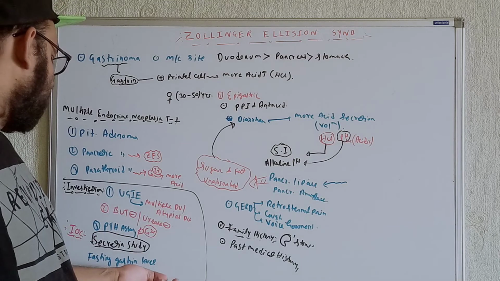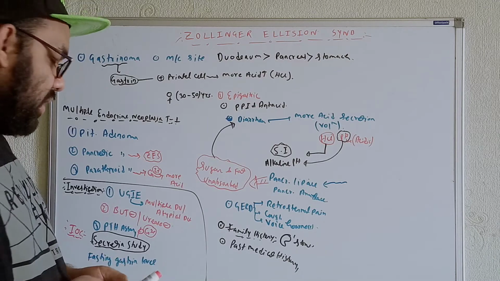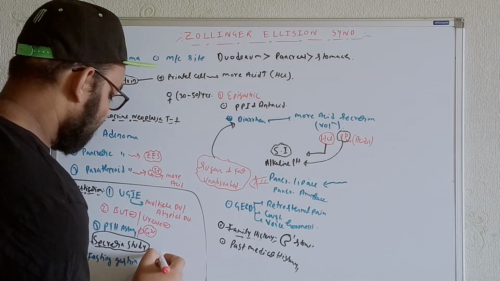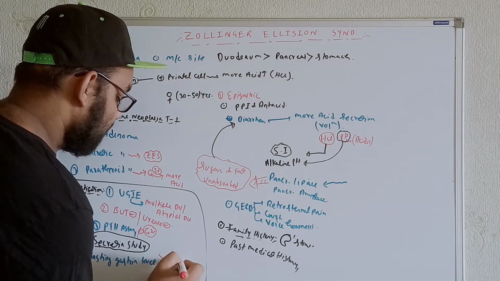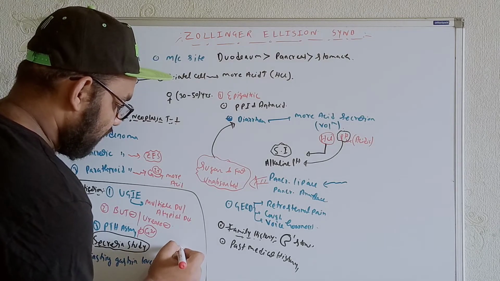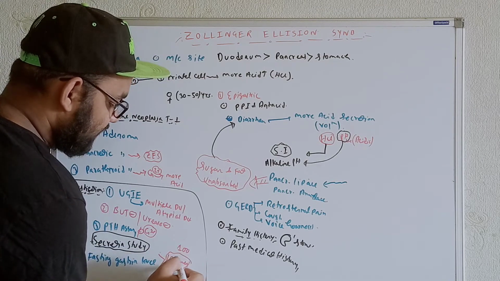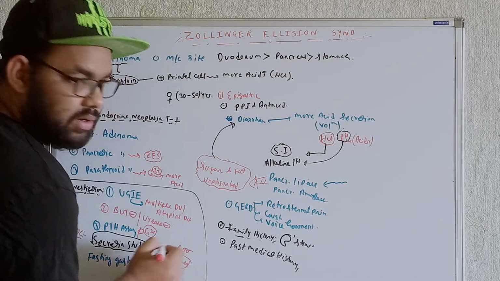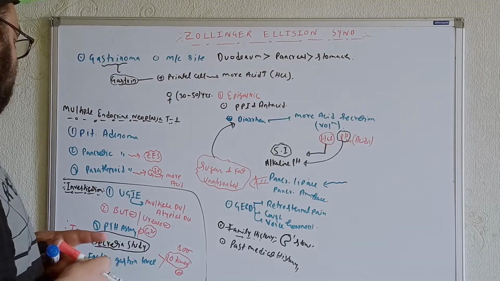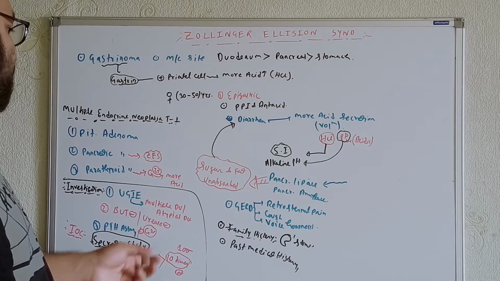But in this case, even in fasting conditions the gastrin level will be higher, for example 10 times the normal level. For example, if we get 100 over here, then in this case it will be 1000. So we can also do the fasting gastrin level to confirm these things.